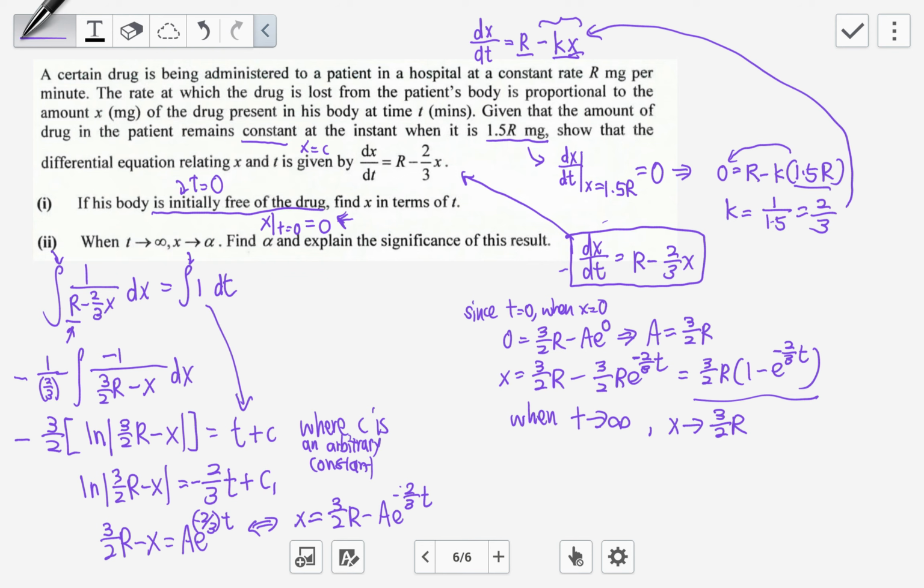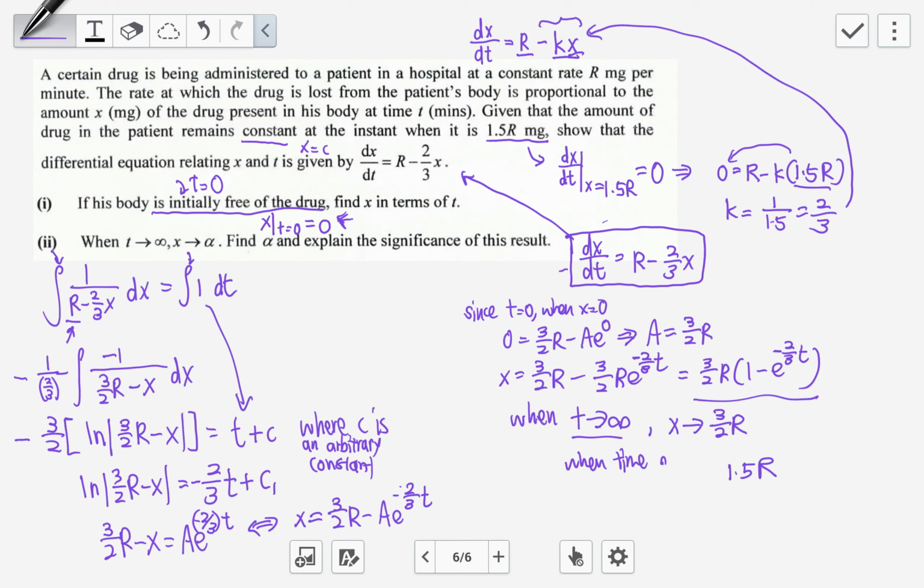This tells us that when time approaches infinity, that means if you keep on administering the drug to the patient continuously, the amount of drug that will be present in the body will go to a constant at 1.5 milligram.